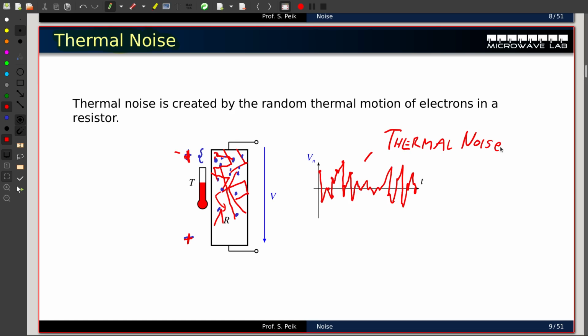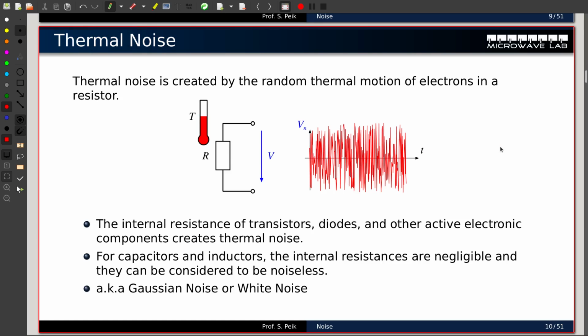Okay. So the thermal noise is the random thermal motion of the charges or electrons, and it is created inside any resistor, but also in any transistor and diodes and so on. So it's everywhere.